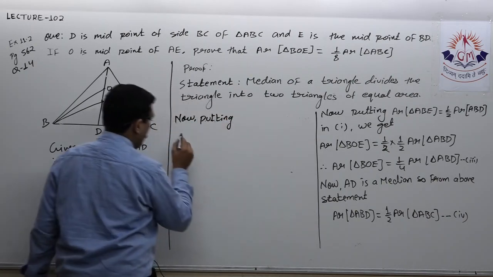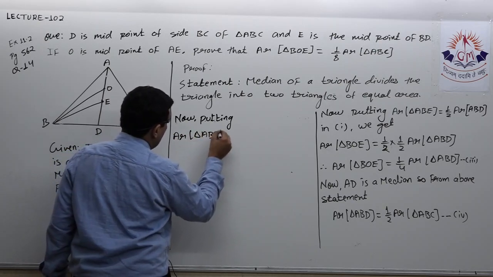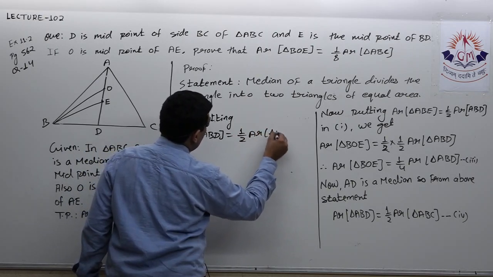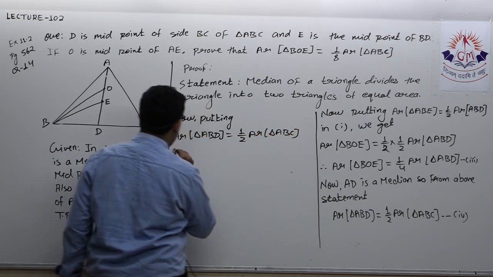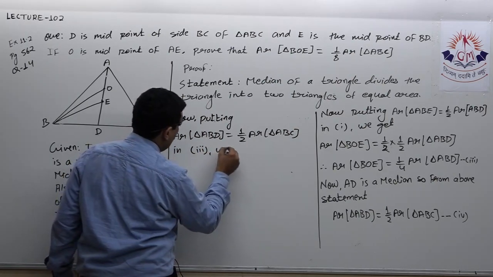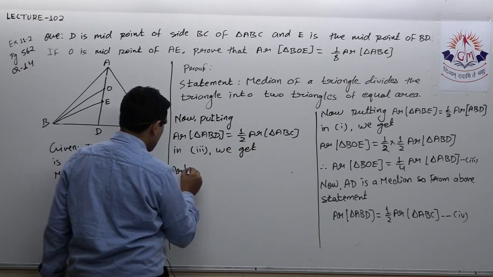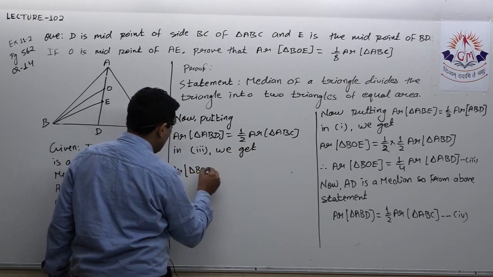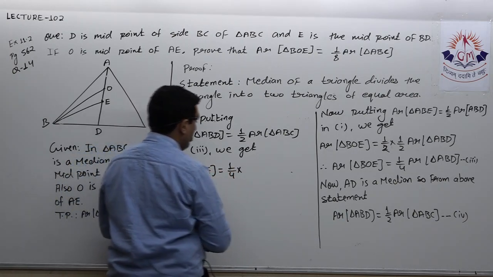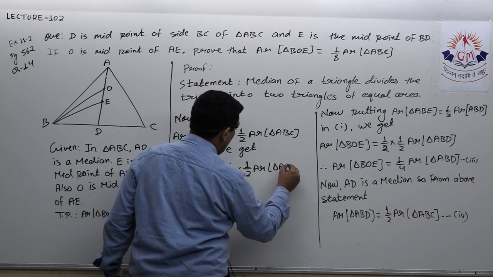Putting area of triangle ABD is equal to 1 by 2 area of triangle ABC in the third, we get area of triangle BOE is equal to 1 by 4 multiplied by 1 by 2 area of triangle ABC.